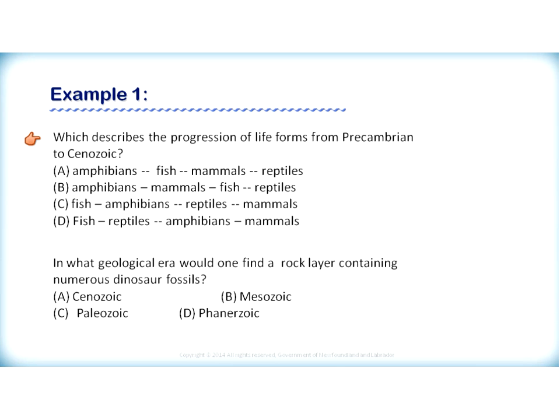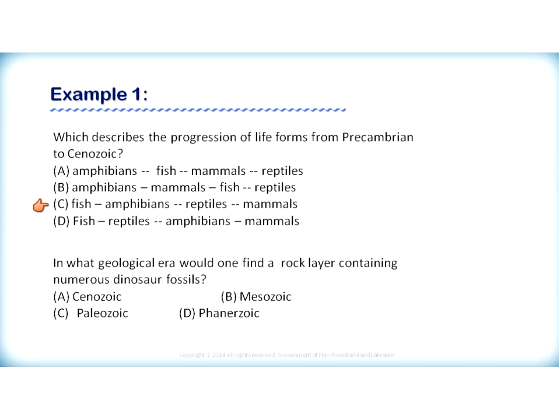First example reads, which describes the progression of life forms from Precambrian to Cenozoic. So if you look at the mnemonic device that you could make up, outlining the evolution of life through time, we see that fish, followed by amphibians, followed by reptiles, followed by mammals, would be the best answer for question 1.